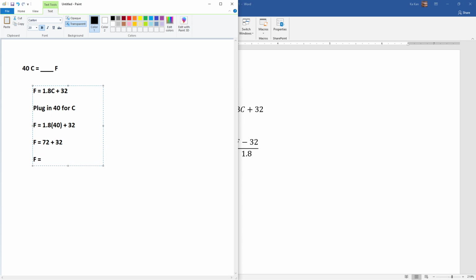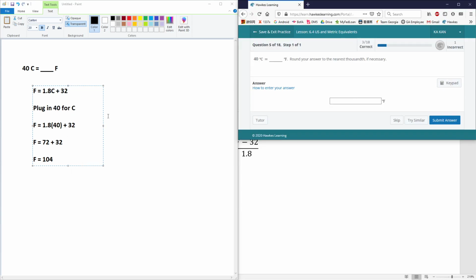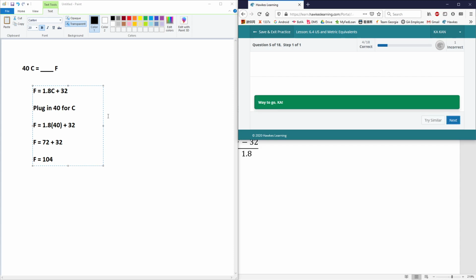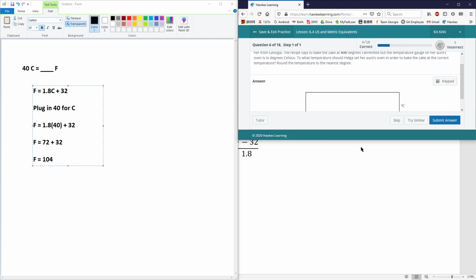F equals 104. Let's say 104. There you go. So not too bad as long as you know the formulas, right?